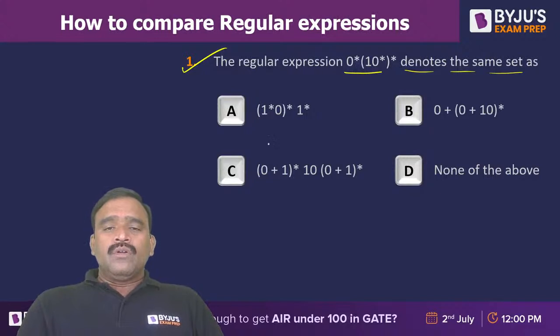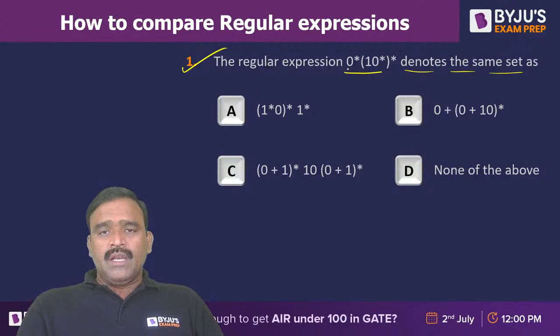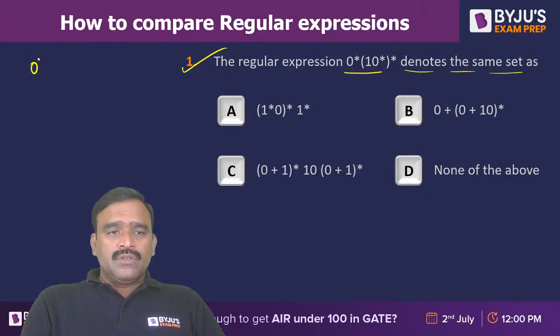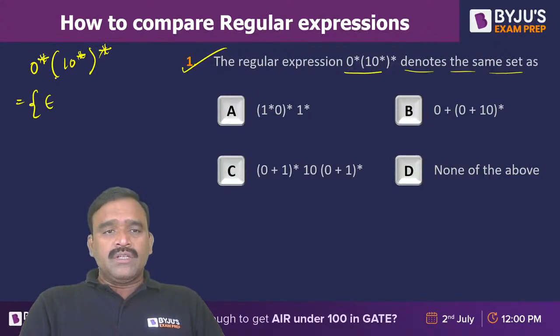Now, what type of strings are possible? If you consider (0*10*)*, it can give any string of zeros and ones. For example, epsilon is possible, with zero instances of 0* and zero instances of 10*. A single 0 is possible.